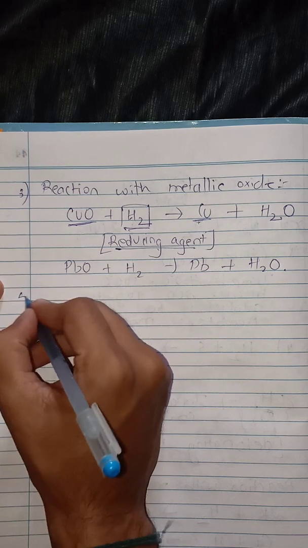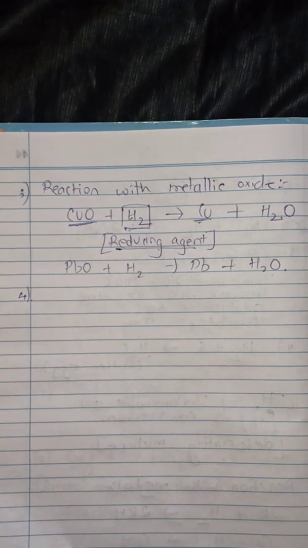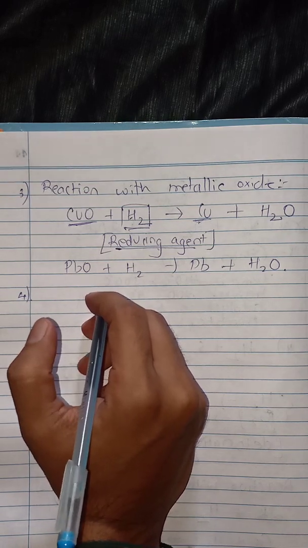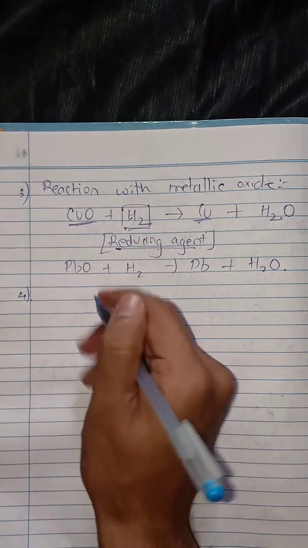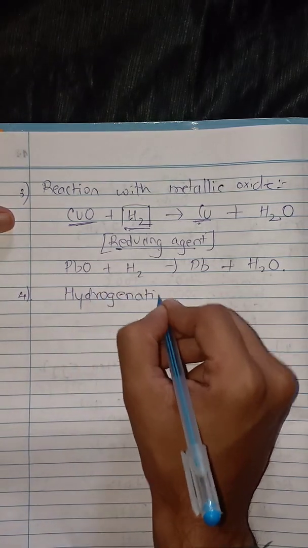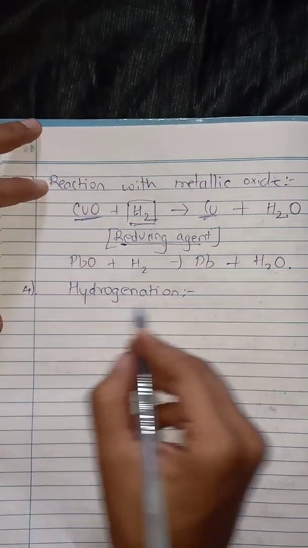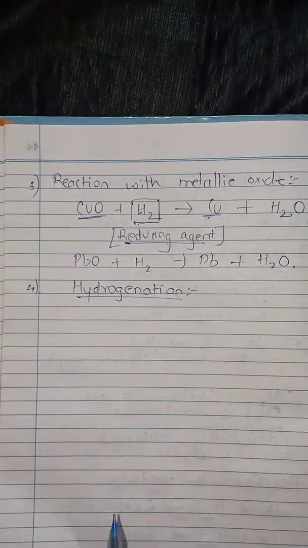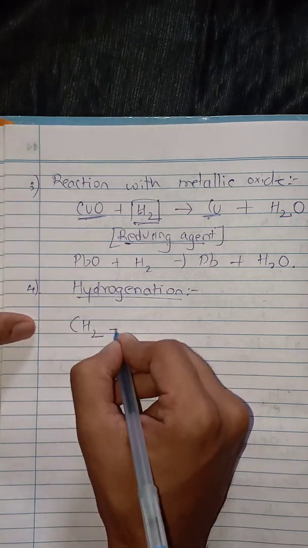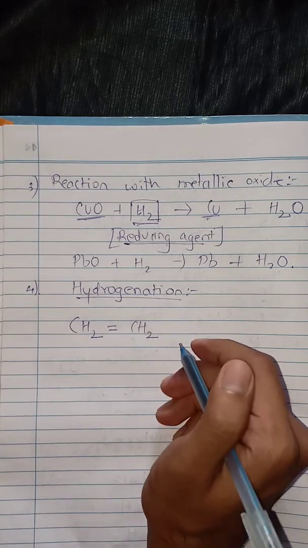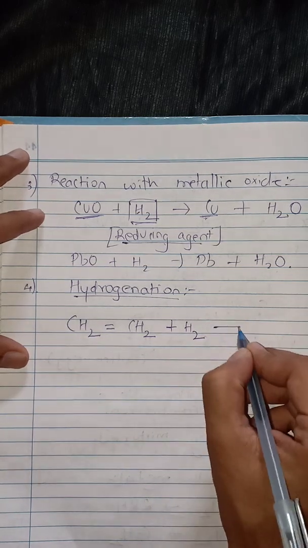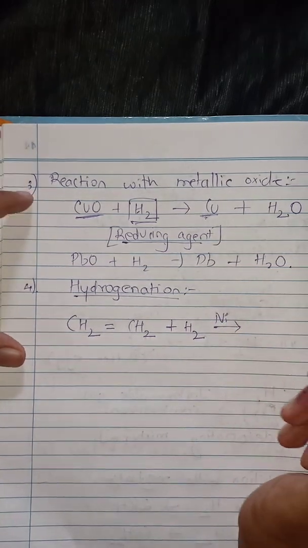Now the fourth part, it can also form the hydrogenation process. Okay, hydrogenation process. See, there are many uses. What is the hydrogenation process? Suppose I take CH2 double bond CH2, and I take hydrogen with it, with a catalyst, that is nickel.